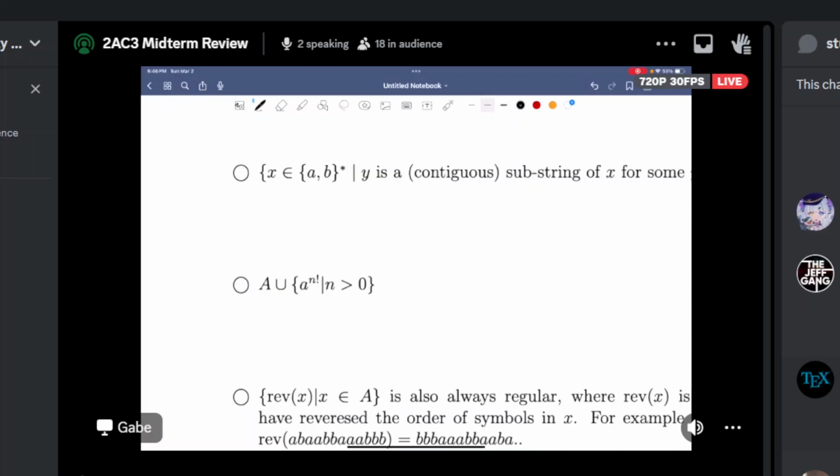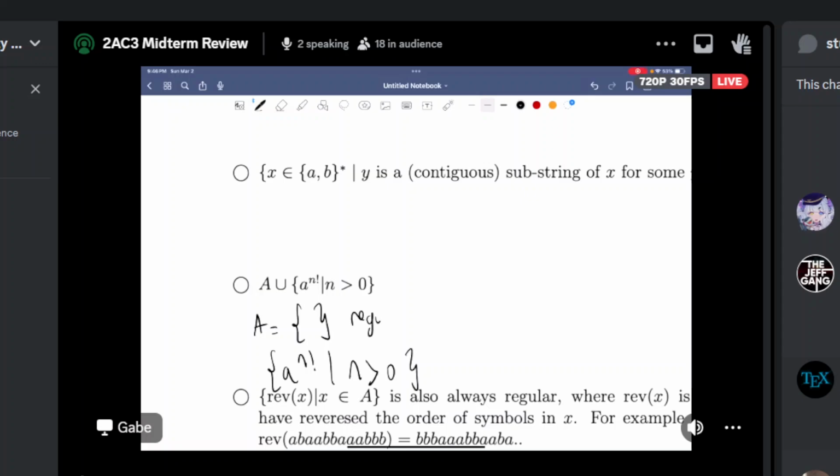And so then what's our worst case for A? Our worst case for A is that A is just the empty set, because then our set is entirely dictated by this non-regular thing on the right. So there's a possible world, depending on what A is, where this is non-regular.